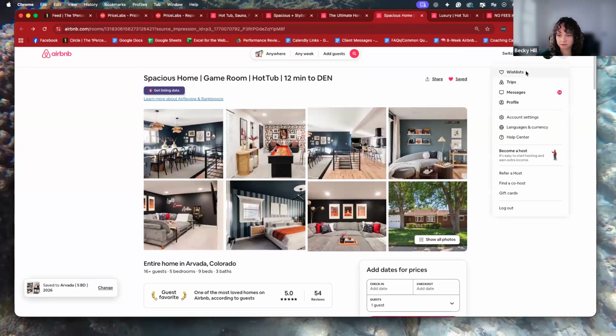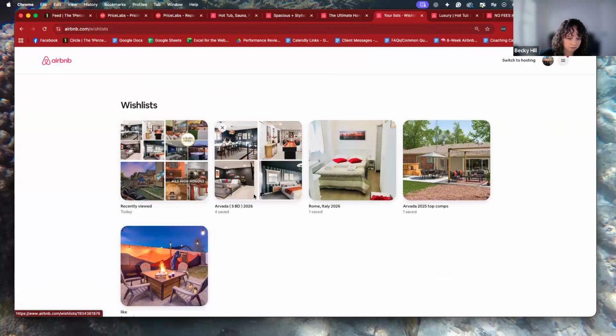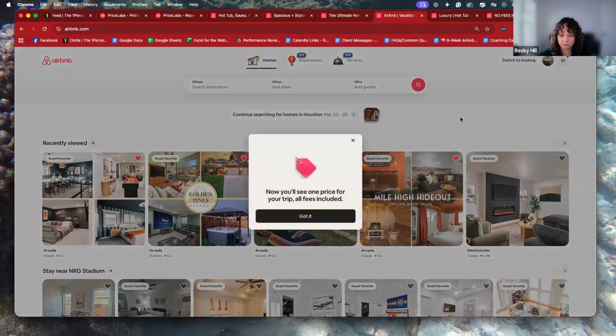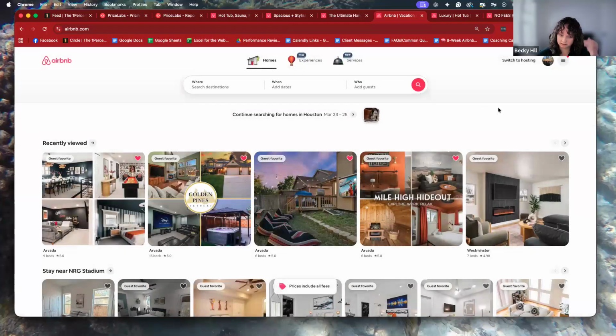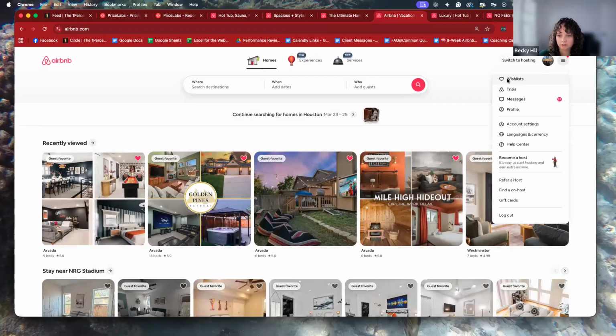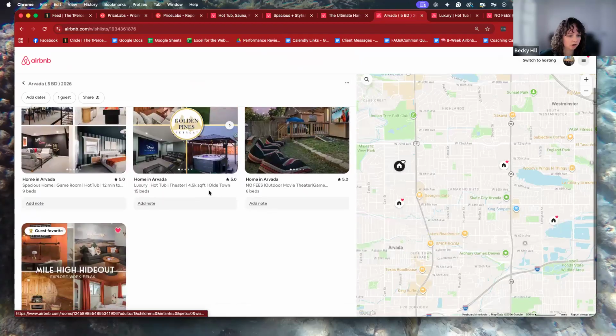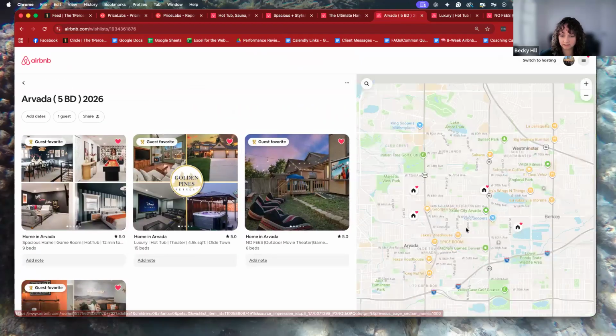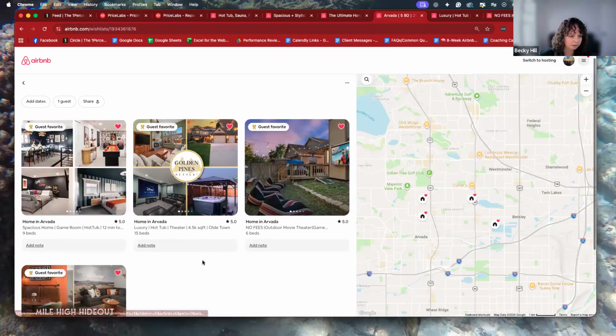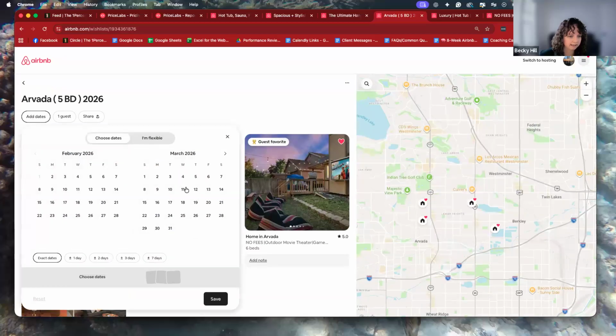And then once you go into the wish list here, so you have to be on the travel side. Let me start over. You have to be on the travel side in order to see your wish list because technically it's what the travelers use. Go to your wish list, go to 5 bedroom or whatever your wish list is called. And now you can see exactly where they are on the map. And you can go and pick the dates you want to look at, see who is available.